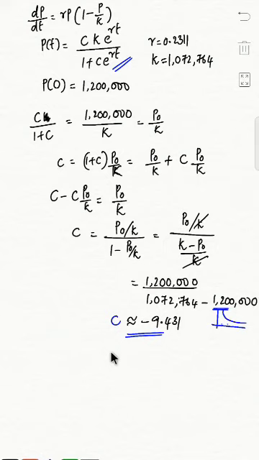Here we learn two more terms in the section, where P of t is P naught e to the power of rt, where r is the rate of growth.